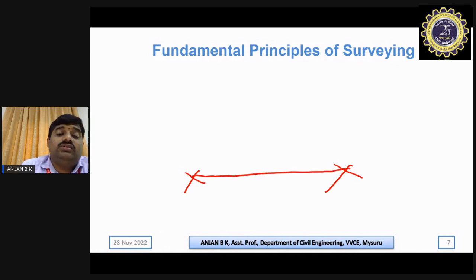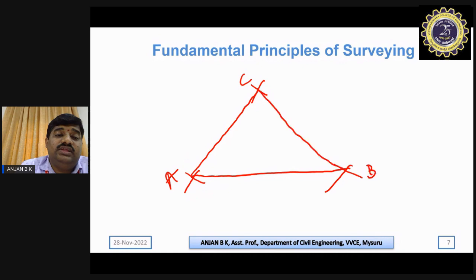In order to find the new point, that is the third point, first we should have the length of this line AB, and two lengths are needed, length L1 and L2. Or we should know the length and the angle of this particular line.